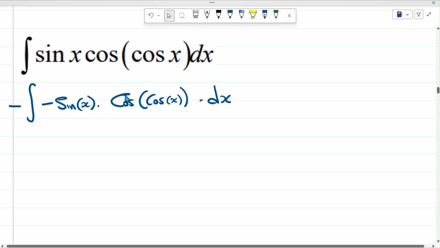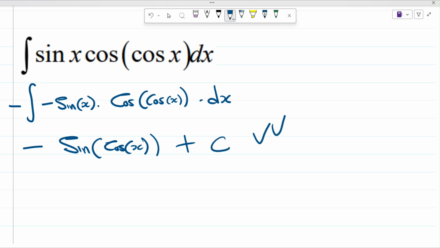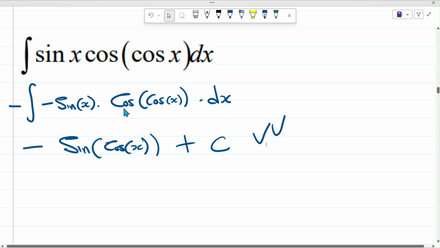So I take the negative outside to my answer, and then I write sine of that argument, which is cos of x, and then plus c. Ta-da! You have your answer. So that's just it. Simple as that.